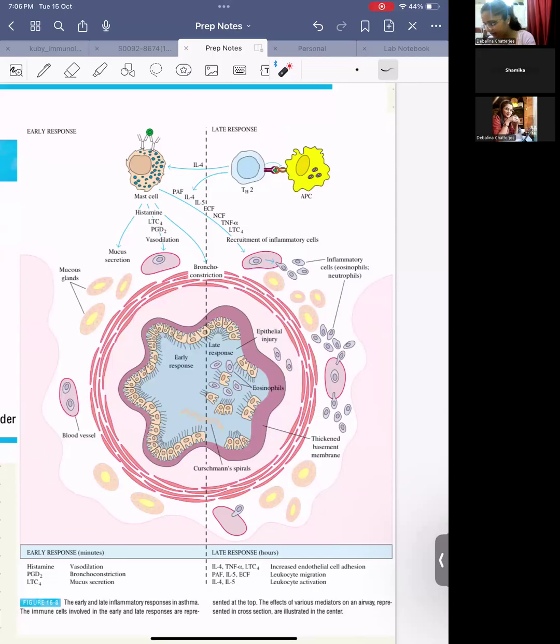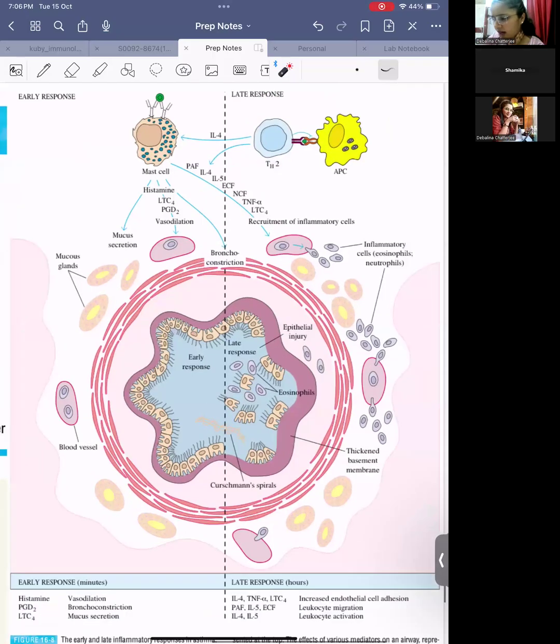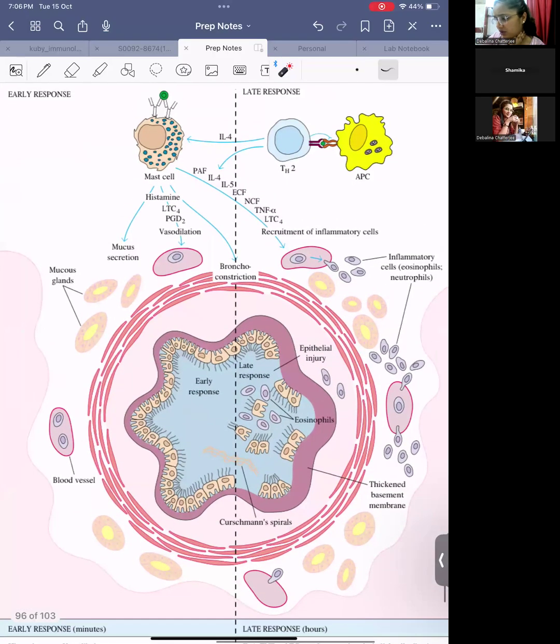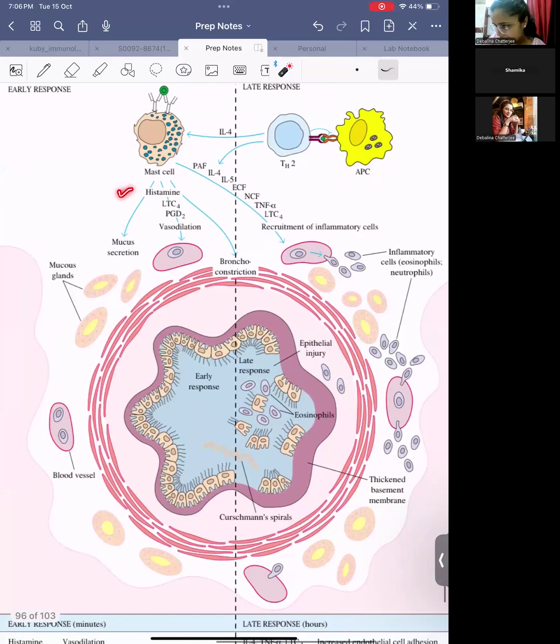Okay. So again, this is a schematic representation of what we have been trying to discuss. That there's an early response phase and a late response phase, and they have tried to give you an example of what the players are that are mediating it and what the eventual consequence of the release of these players is.